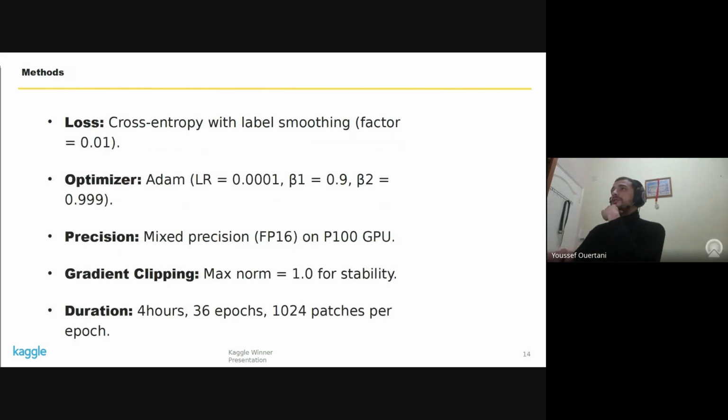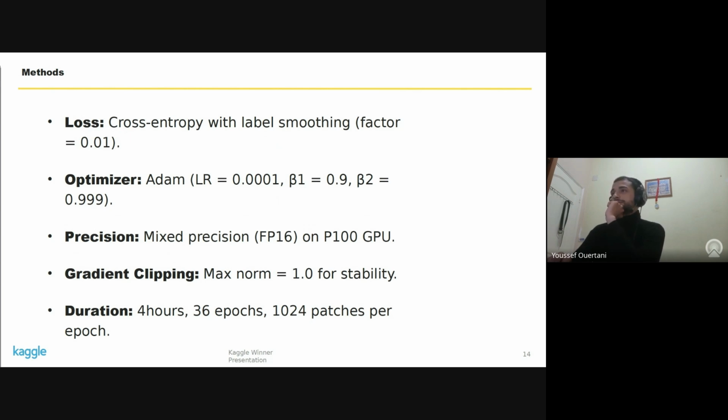The loss used is cross entropy, with label smoothing. The optimizer was Adam with a learning rate of 0.003 and beta 1, beta 2 of 0.9 and 0.999. For training, and also for inference, I used float precision 16.